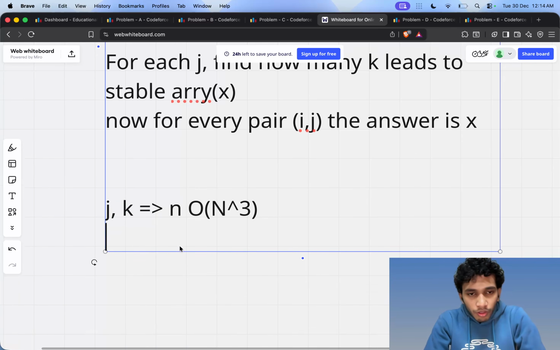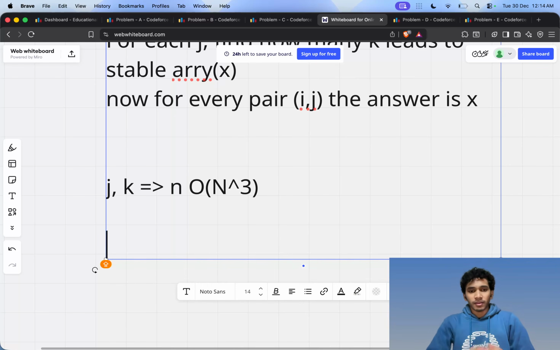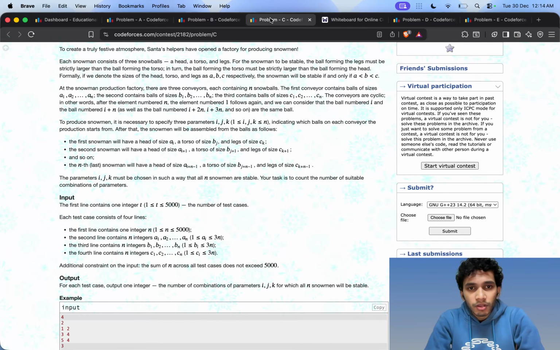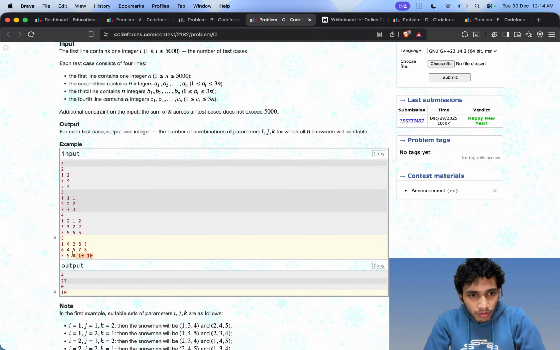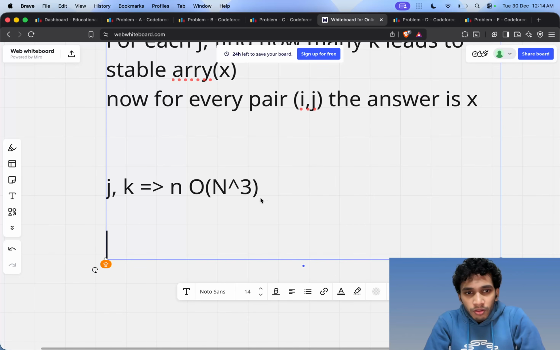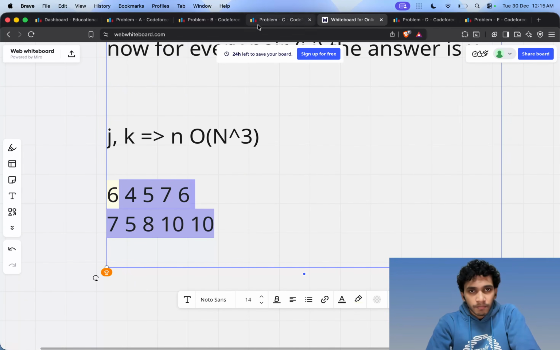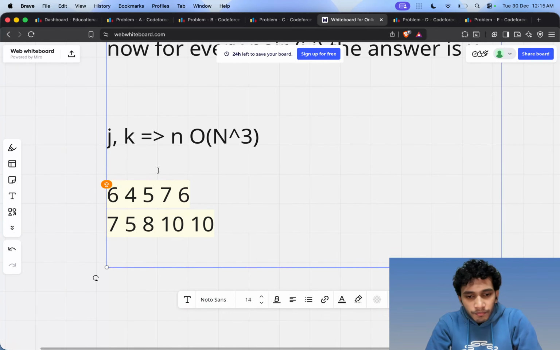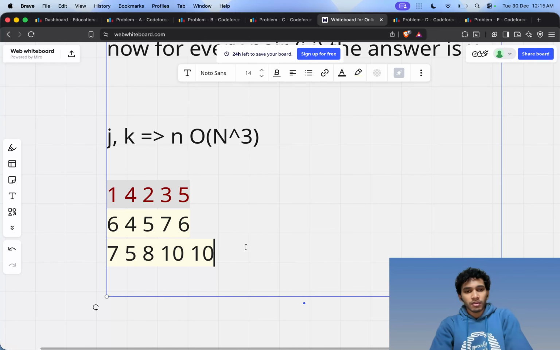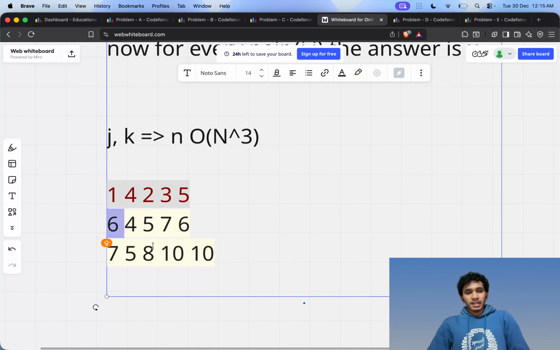All right. So how can we do it? Let's have a test case for understanding this. Let's say this is the test case. For this j, how many options are there for a possible k?